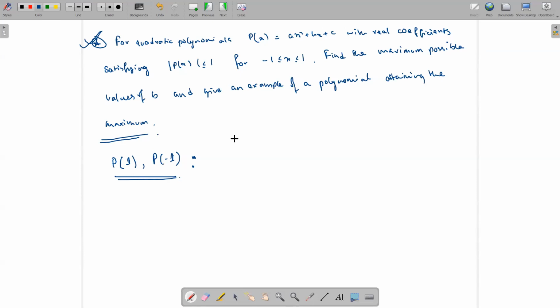Now this corresponds to an interval on the y-axis, the range it covers in the y. So if the interval is a minus 1 comma a plus 1, then we are trying to find the maximum possible value of f dash a.